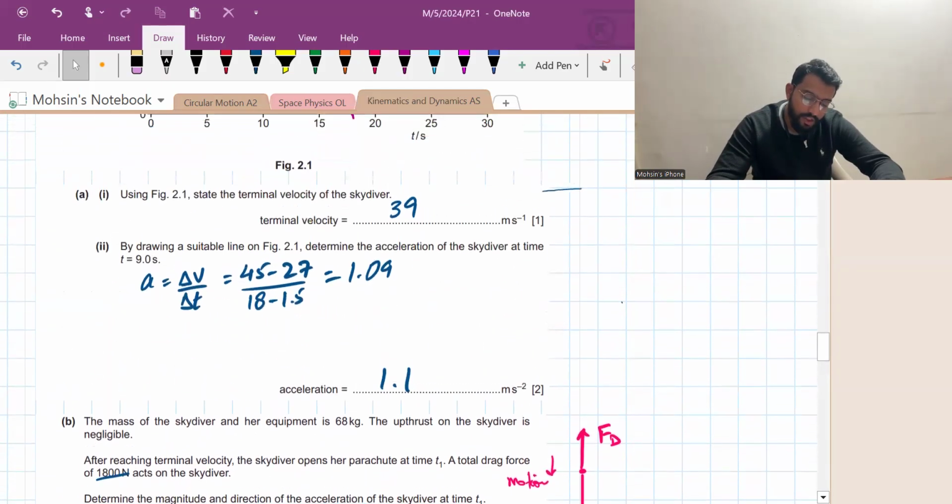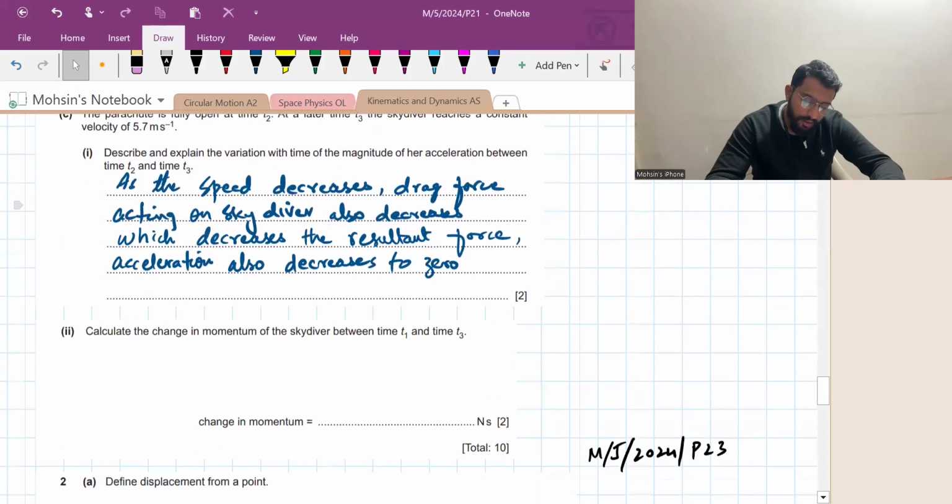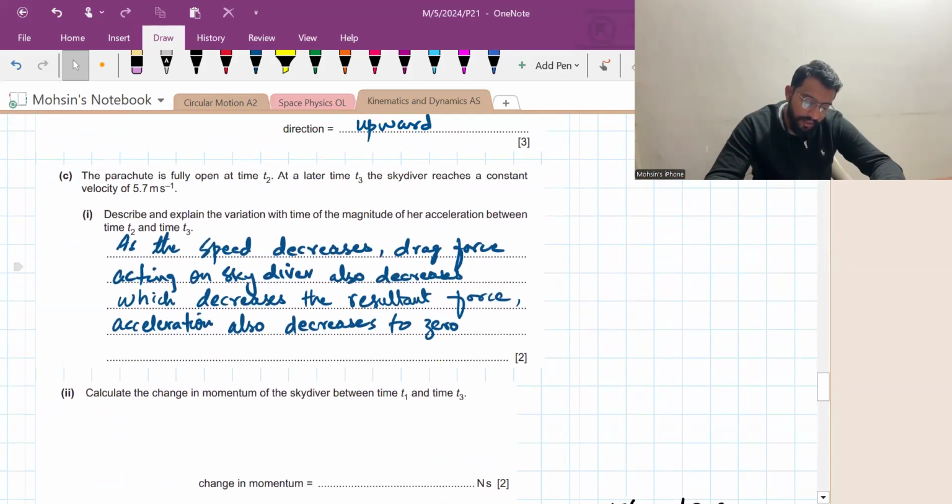We initially mentioned it here. Now, at time 3, the velocity is 5.7 meters per second. So from 39, it is coming to 5.7. So what are they asking you to calculate? The change in momentum.